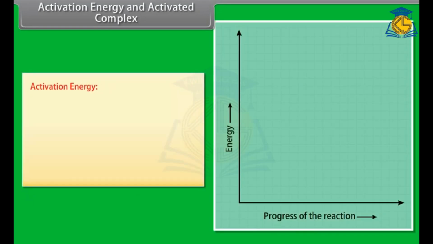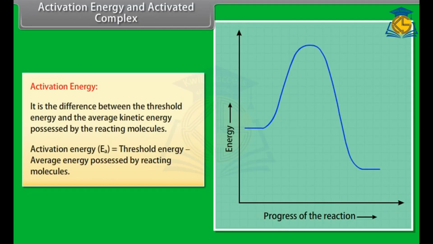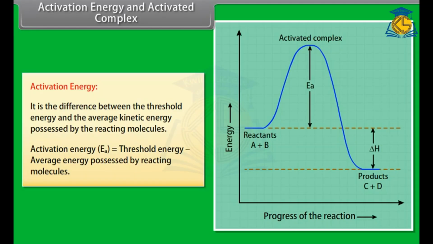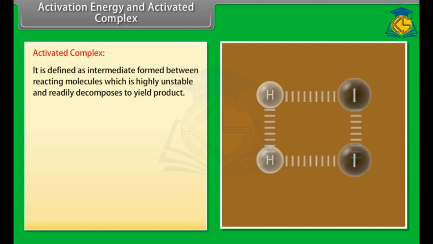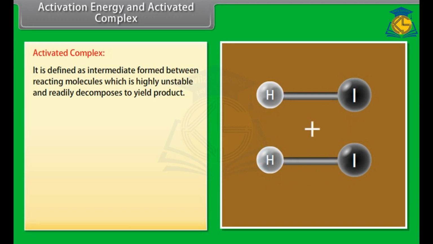Activation energy and activated complex. Activation energy. It is the difference between the threshold energy and the average kinetic energy possessed by the reacting molecules. Activated complex. It is defined as intermediate formed between reacting molecules which is highly unstable and readily decomposes to yield product.